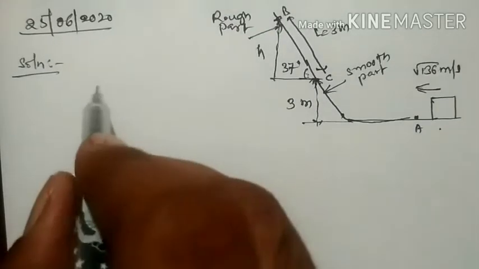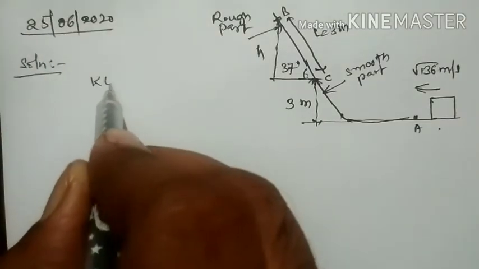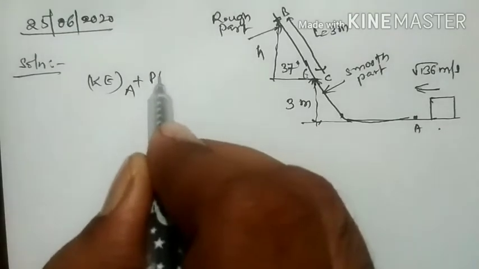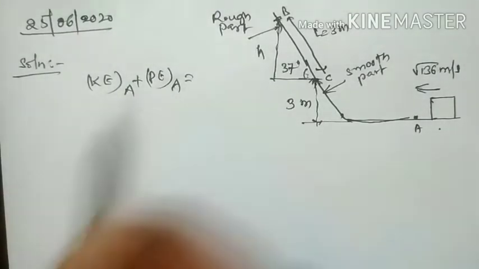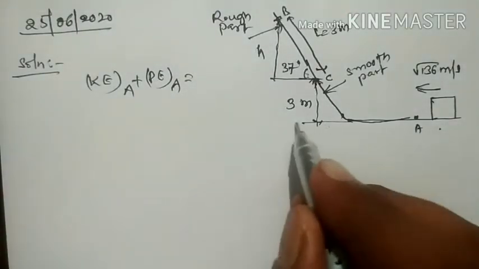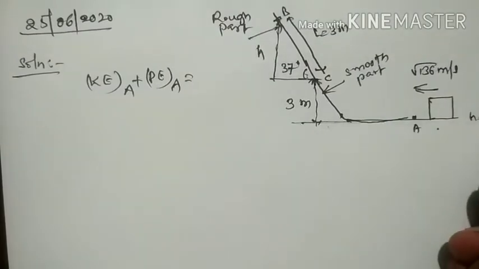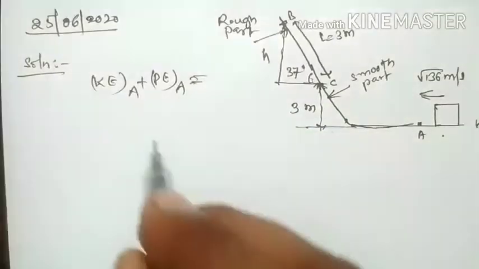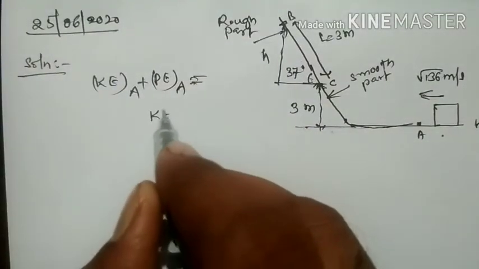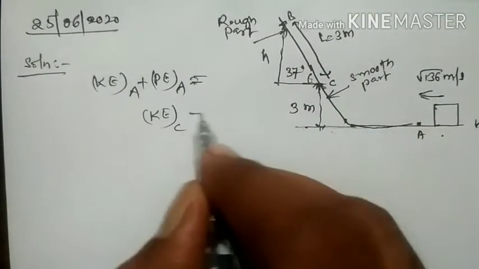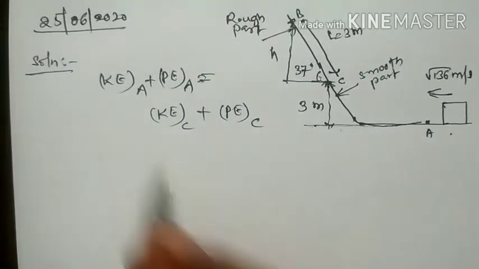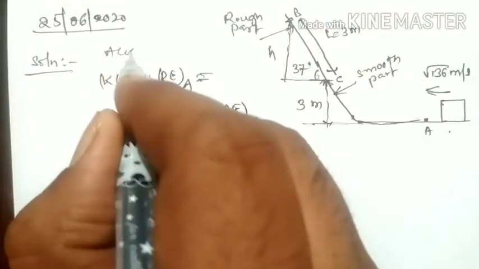So first of all we write kinetic energy at A plus the potential energy at A also, total energy. If I take this as reference line, h is equal to 0, so potential energy at this point will be equal to 0, and kinetic energy at C plus potential energy at C. So this is according to law of conservation of energy.